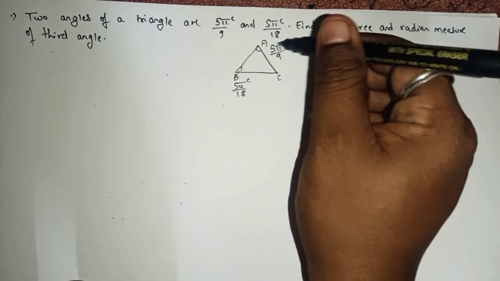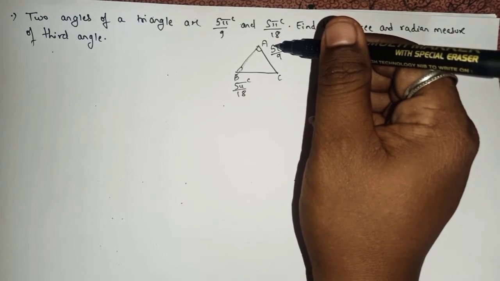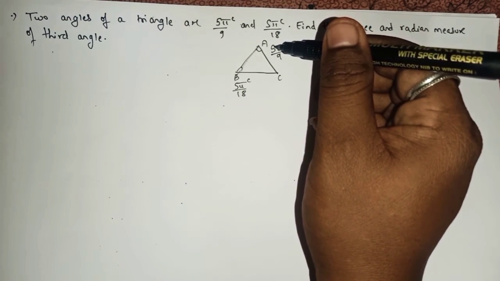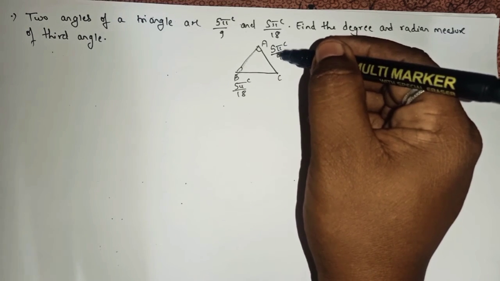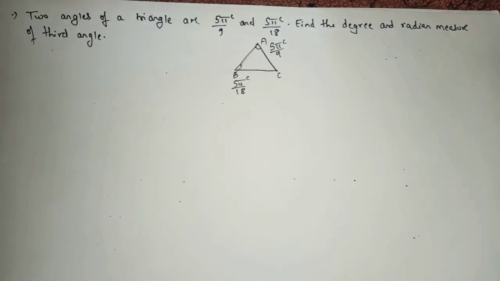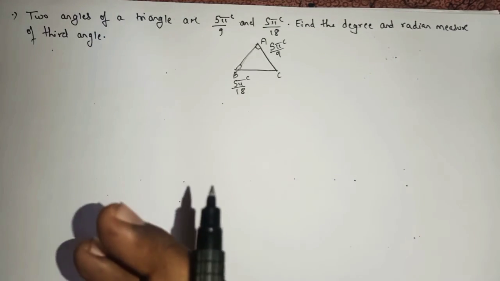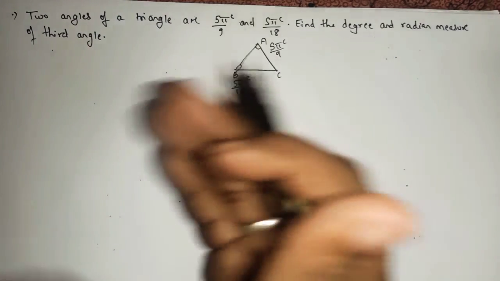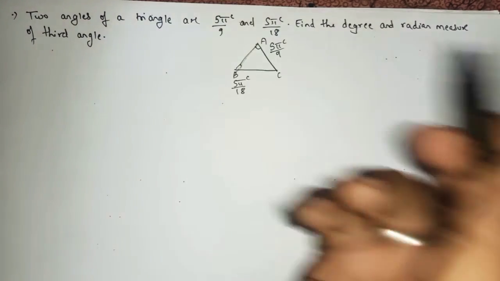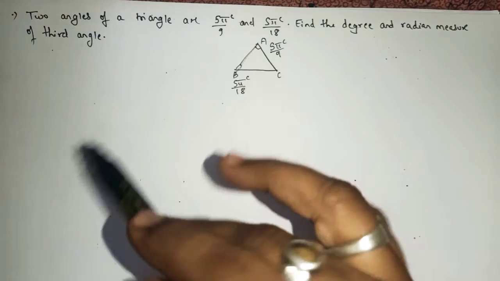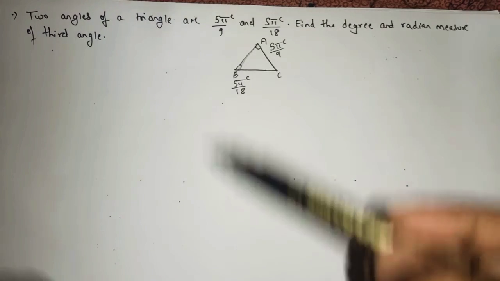As we know, whenever the angles are in radian, first try to convert them into degrees, as we are comfortable solving sums with respect to degrees. So whenever you come across angles in radian, first convert the radian into degrees and then solve the sum.